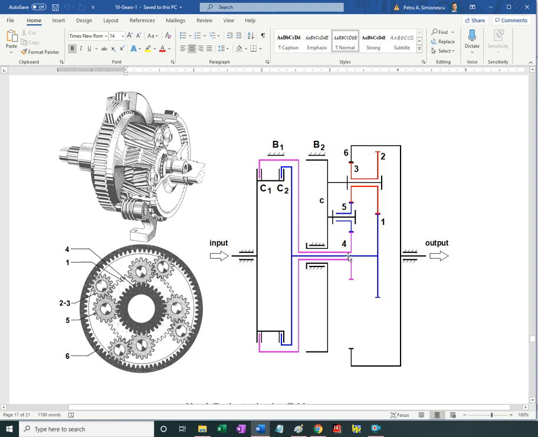So motion goes this way. So the transmission ratio is going to be the number of teeth of 6 over the number of teeth of 4. 5 and 3 act as idlers. The sign is negative, and negative makes positive, and positive again, so it's positive.